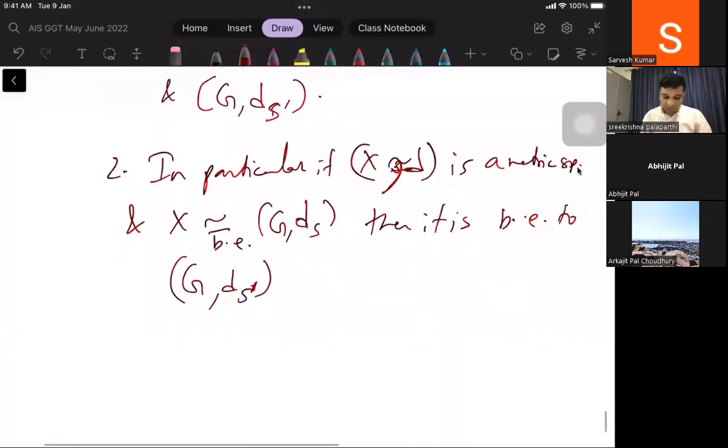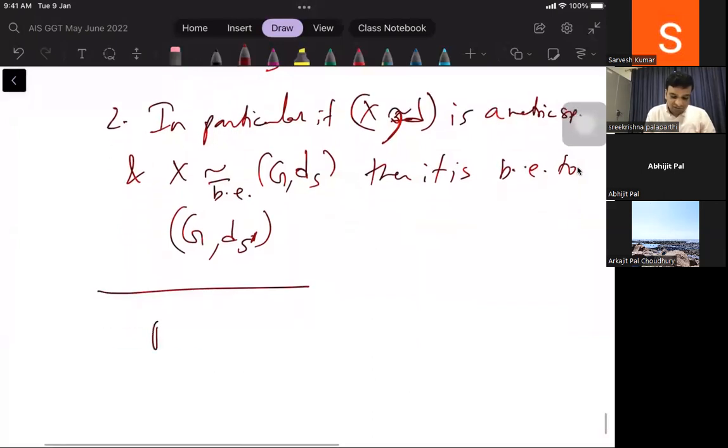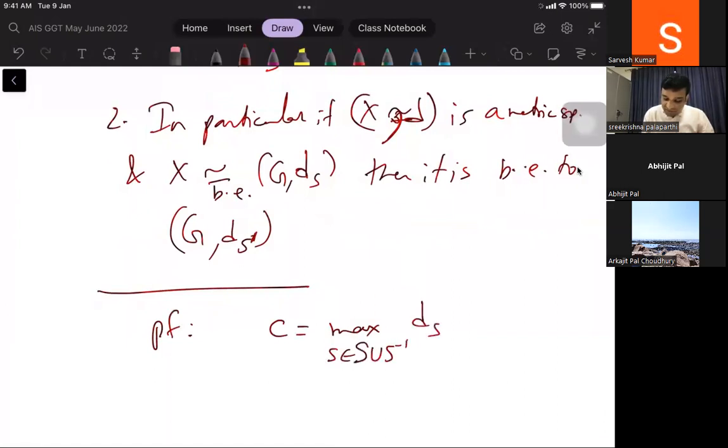The main ingredient in this proof is finite generation. So what you can do is set a constant C, define this to be the maximum over S union S inverse of the distance between the identity and this particular s coming out of S union S inverse.